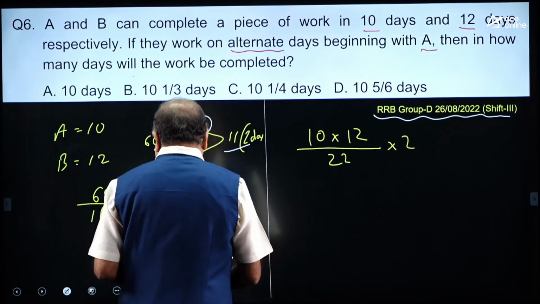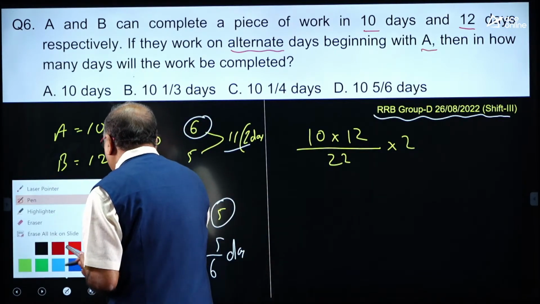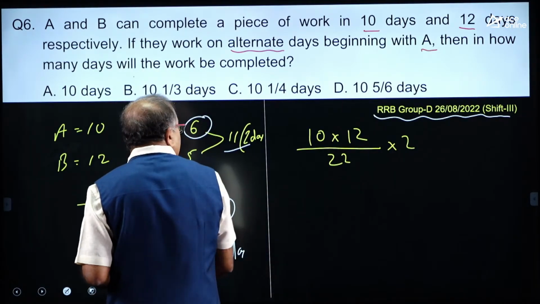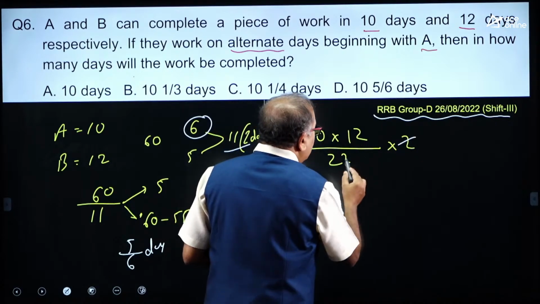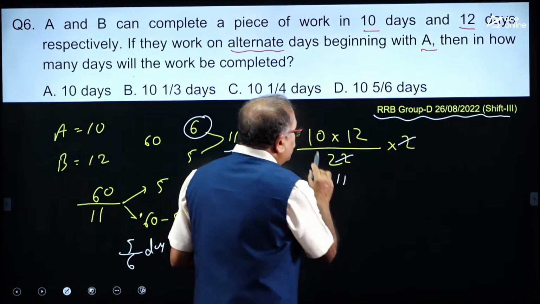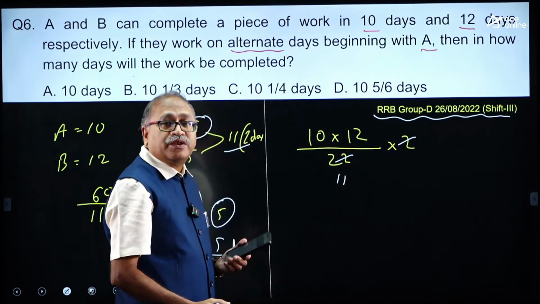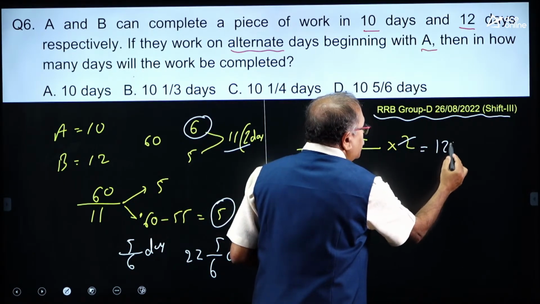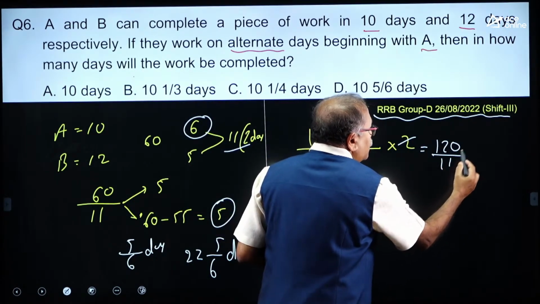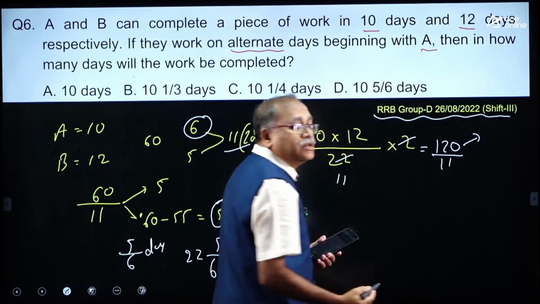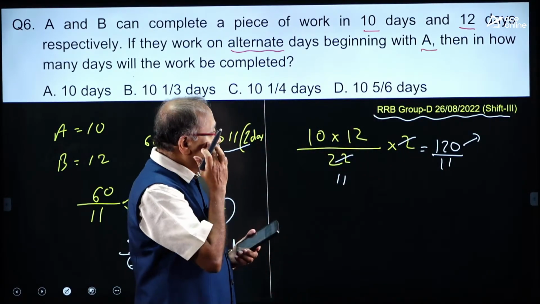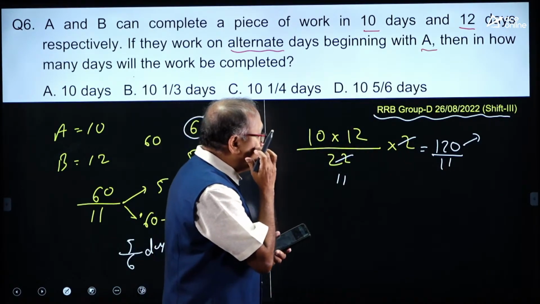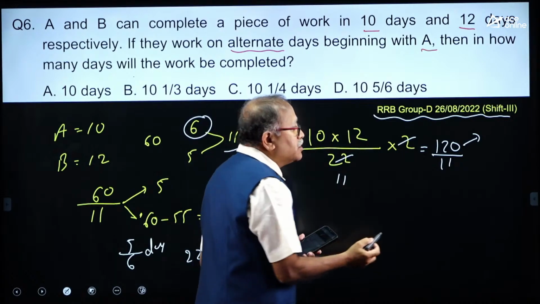Now what am I going to get over here? Look at this one. This gets cancelled 11 times. So 120 by 11. So I am getting 120 by 11. With 11, how many times does it go? Obviously, with 11 it will go 10 times, 110.